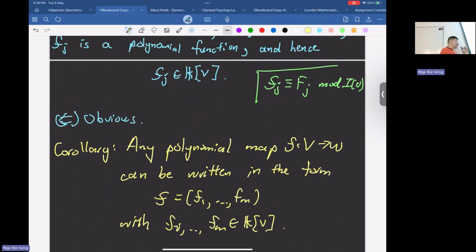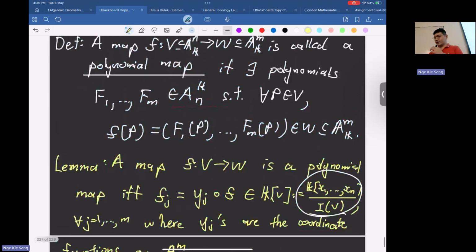Okay, so basically what this two-stage thing is doing is, I told you that a polynomial map is something that you can express as a polynomial function in each coordinate. But in fact, you just need to consider up to modulo IV. They are the same, right? I gave you an example already.